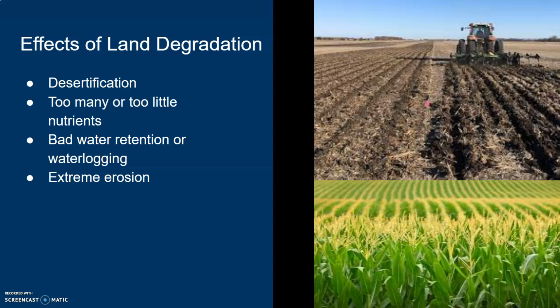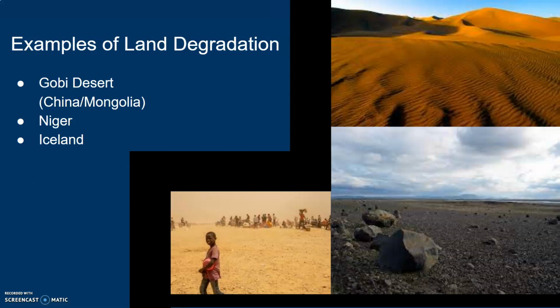I don't know why I put that there again. See how the causes and effects of land degradation are very hard to separate from each other because it's such an all-encompassing issue. Bad water retention and waterlogging, that's the underground flooding thing I was talking about earlier. Again, that can affect the surrounding ecosystem and is very bad.